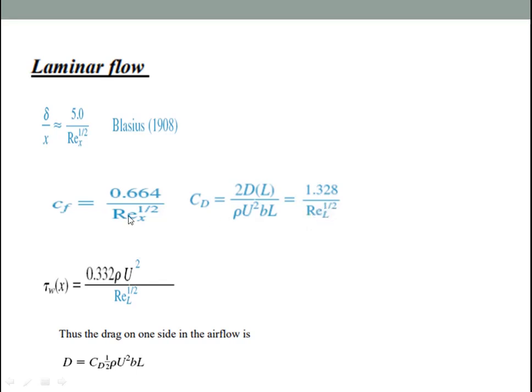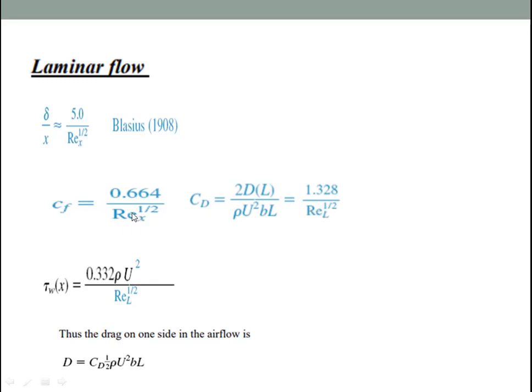The difference between the local and the average Reynolds number is that the local Reynolds number is calculated at a certain distance x, but the average Reynolds number is calculated at the total length of the plate, that is L.